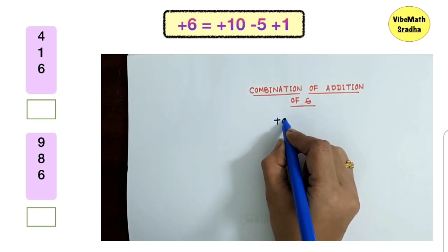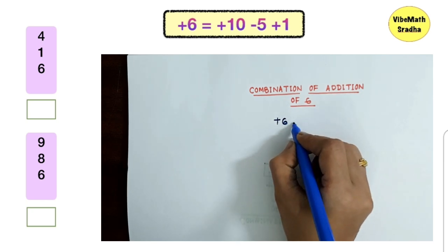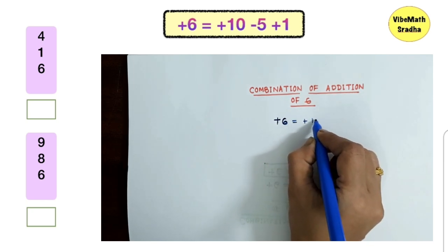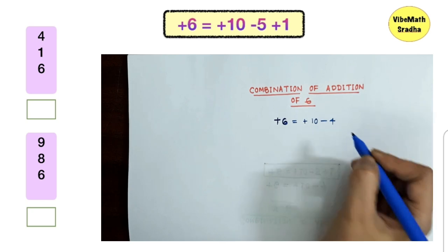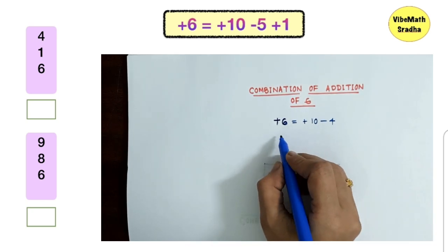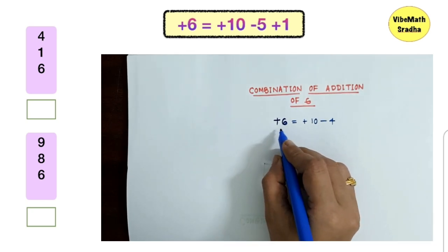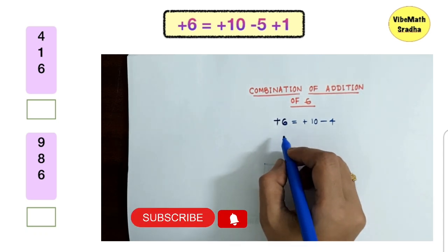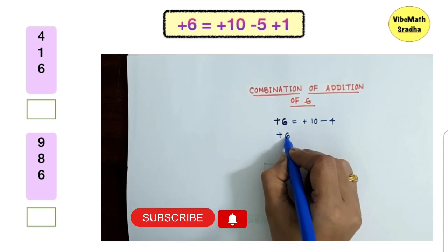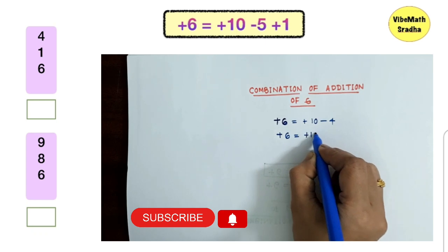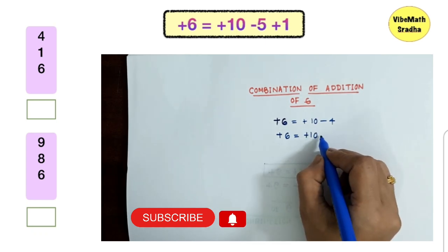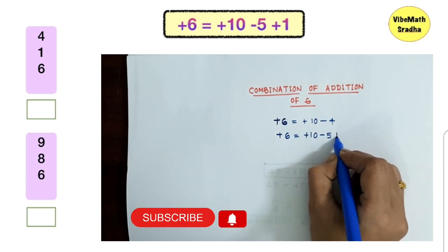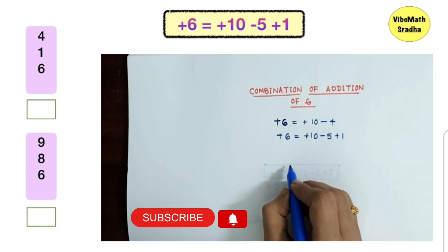Can you tell me what is the big friend addition of 6? Plus 6 is plus 10 minus 4, right? Now I will write this big friend formula in the form of a combination formula. So plus 6 is plus 10, as we know, minus 4 is minus 5 plus 1, right?